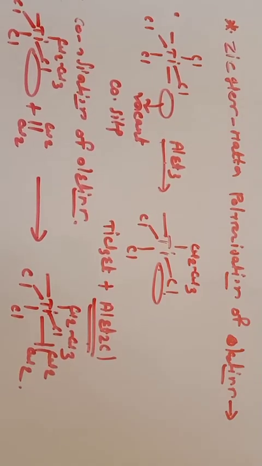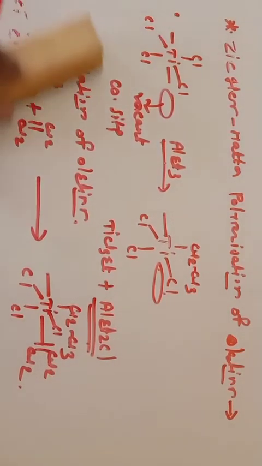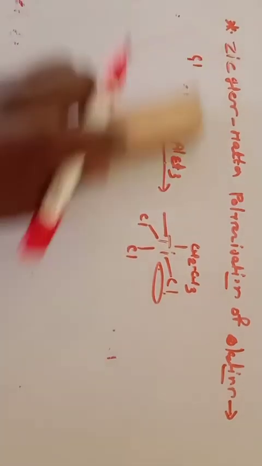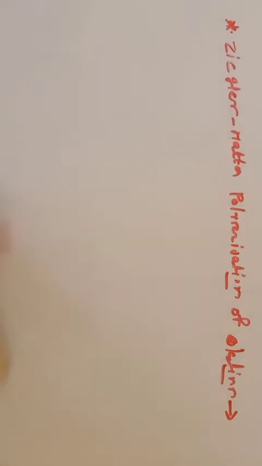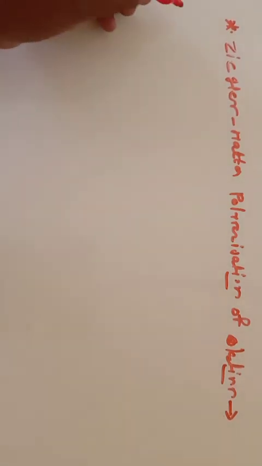In the third step, after coordination of the alkene to this titanium, the coordinated ethylene molecule is inserted into the titanium-carbon bond via a 4-center transition state, and this process is known as cis insertion. So there is a chance of 1-2 insertion.